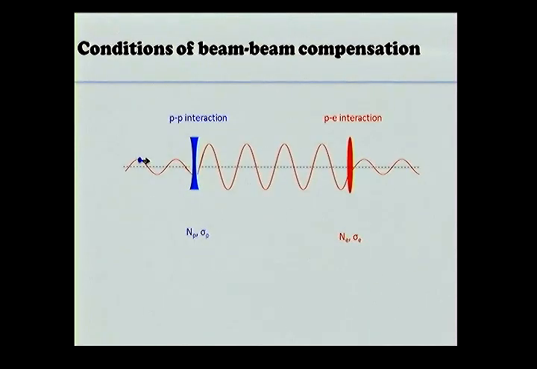Beam-beam compensation is very complicated. Here I discuss with you the conditions of beam-beam compensation. For simplicity, I only discuss a very simple case with one proton bunch colliding with a proton bunch, and one electron lens. To perfectly compensate the beam-beam interaction with this E lens, we have to meet the following conditions.